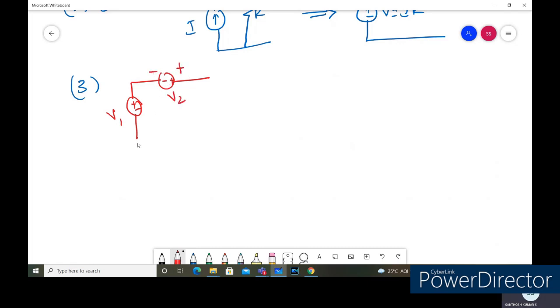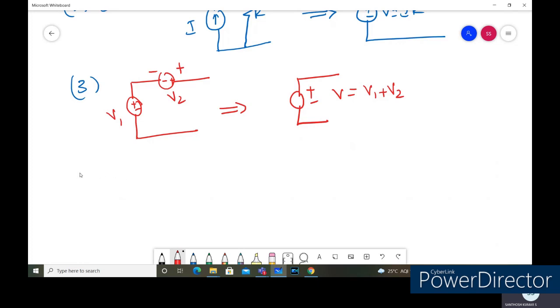I'm going to denote the polarity here. This can be replaced with a single voltage source. For the addition of the voltage sources, the polarity should be the same, plus minus, so that we can add them into a single voltage source. So V is equal to V1 plus V2.